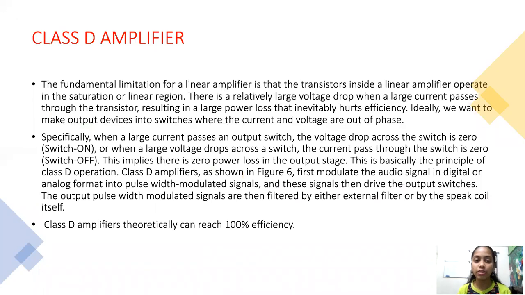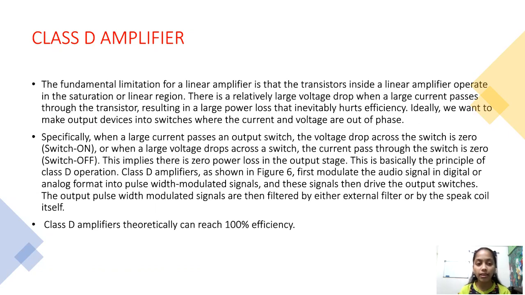Class D amplifier. The fundamental limitation for a linear amplifier is that the transistors inside a linear amplifier operate in the saturation or linear region. There is a relatively large voltage drop when a large current passes through the transistors, resulting in a large power loss that inevitably hurts efficiency.